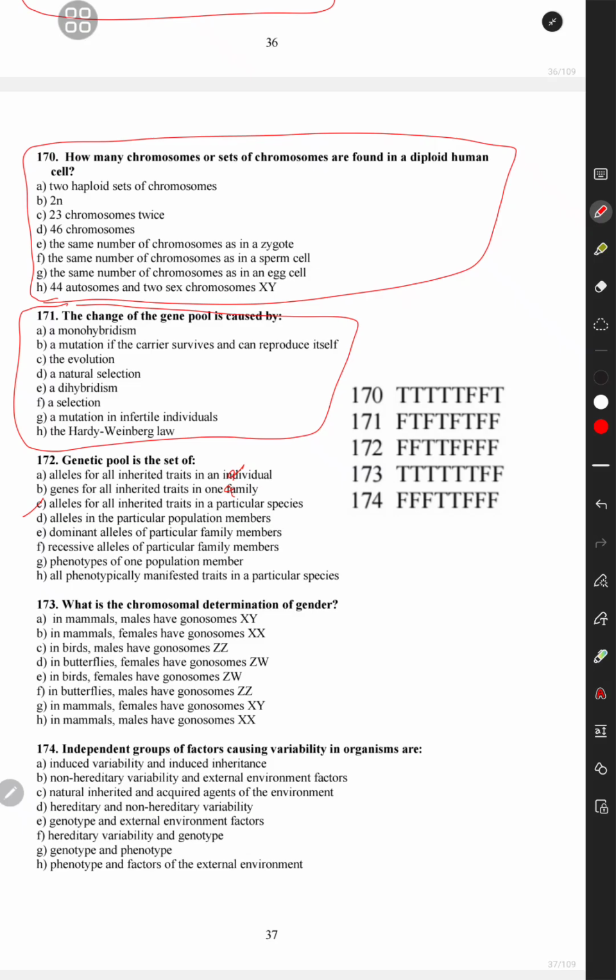In the particular population members, dominant alleles, particular family members, recessive alleles of particular phenotypes of one population member, genetic pool, all phenotypically manifested traits in a particular species. 172. False, false, true, true. Alleles for all inherited traits in particular species and alleles for the particular population members. Genetic pool. Population members, species.